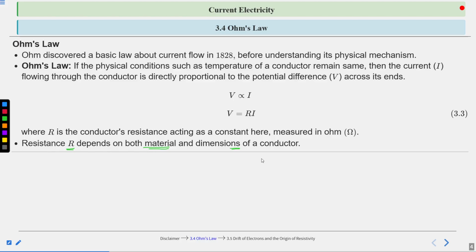It will also depend on the dimensions of the conductor: its length, its radius if it is cylindrical, its width if it is rectangular. We are going to prove this in our upcoming slides. It is also dependent upon material, but it doesn't depend upon potential difference and current most of the time.